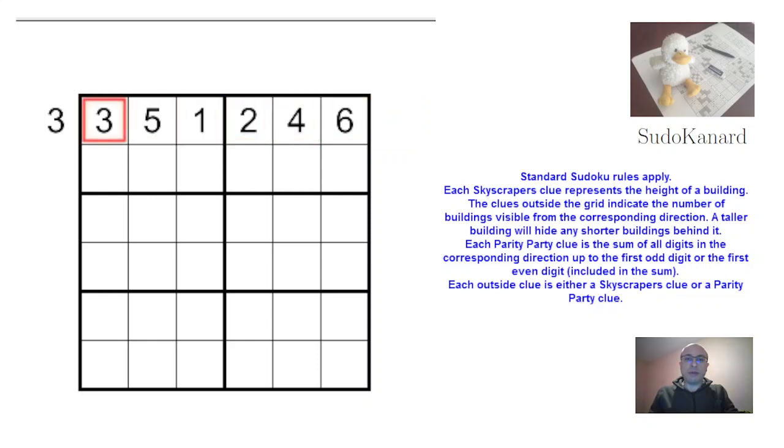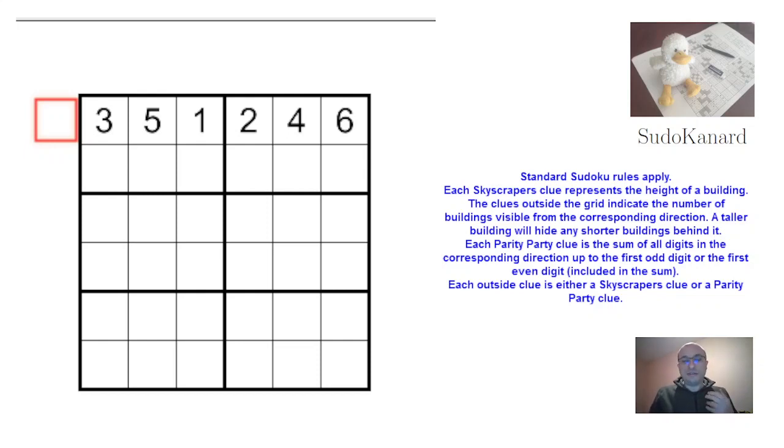So that is the way you do skyscrapers clues. But then the ambiguity will be between skyscrapers and Parity Party. Parity Party is a much more exotic set of rules, which was created by my good friend Glam Hippo.